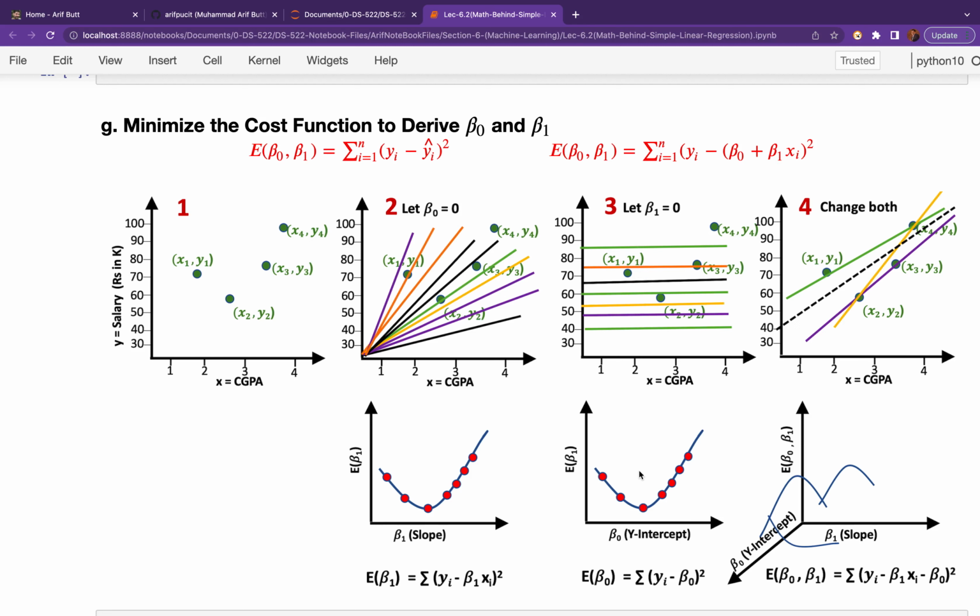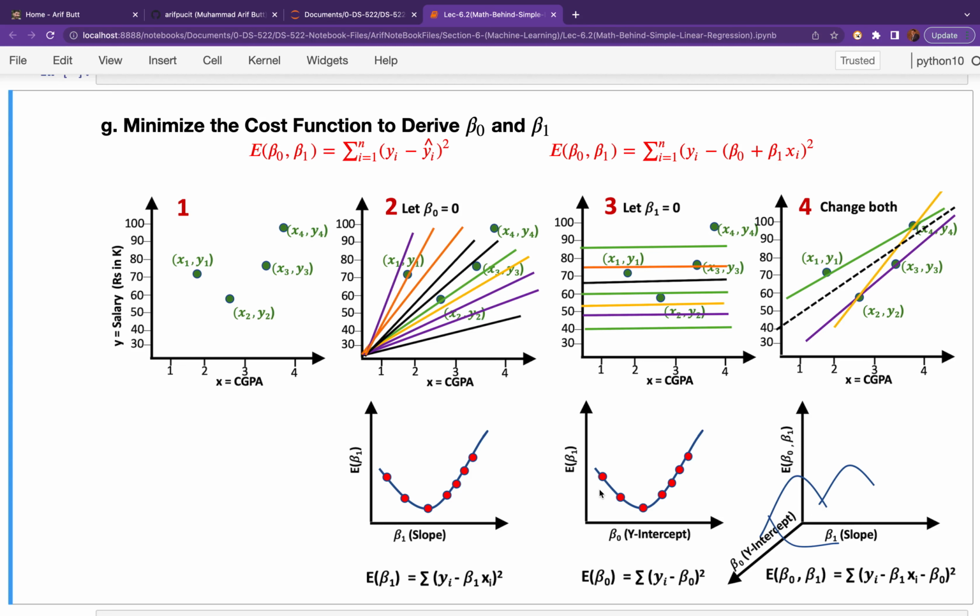And this bottom middle graph shows the rate of change of the error function with respect to the y-intercept. So for different values of the y-intercept, we have different values of the error function, and the minimum value of the error function is somewhere over here.